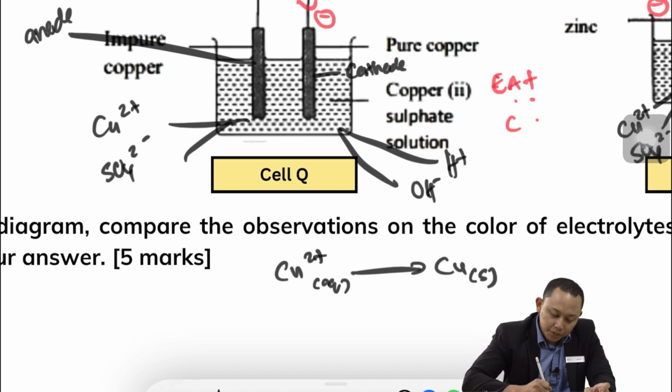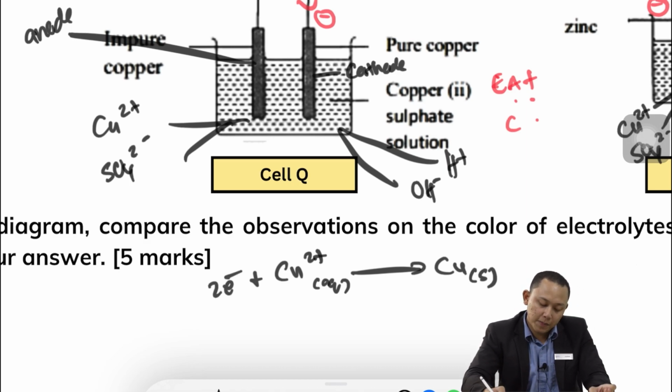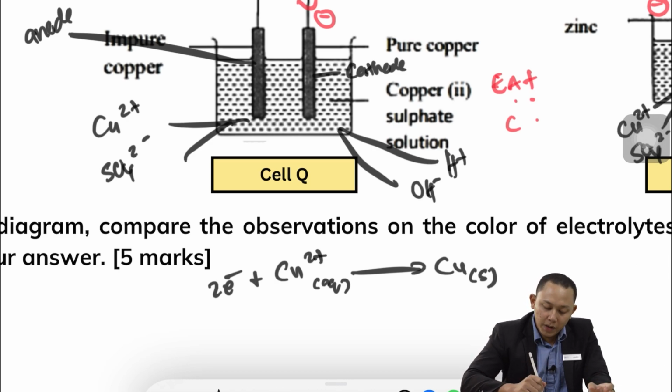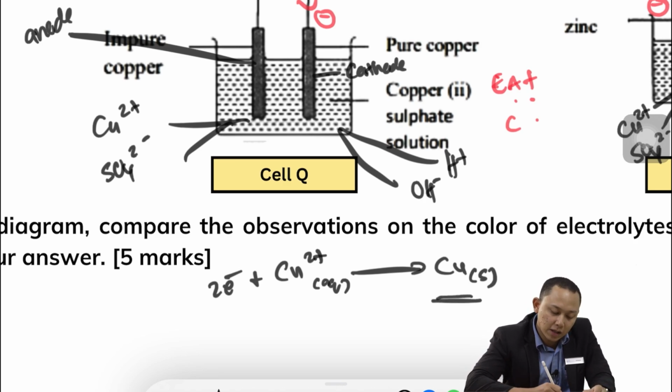Here we need to balance the equation: 2e- + Cu2+ produces Cu as a solid. When you see the formation of a solid, the size of the electrode is going to become bigger.